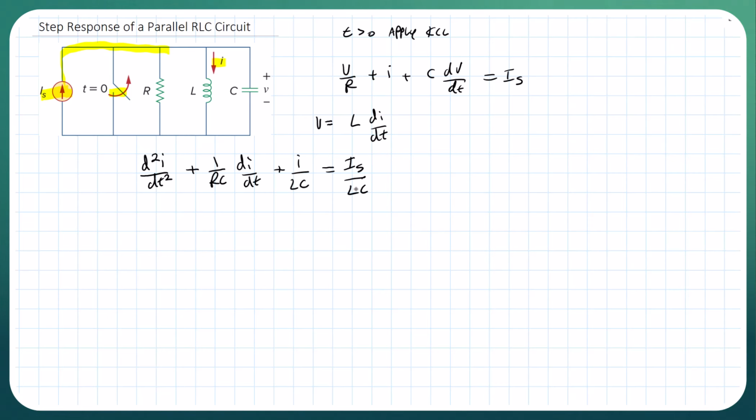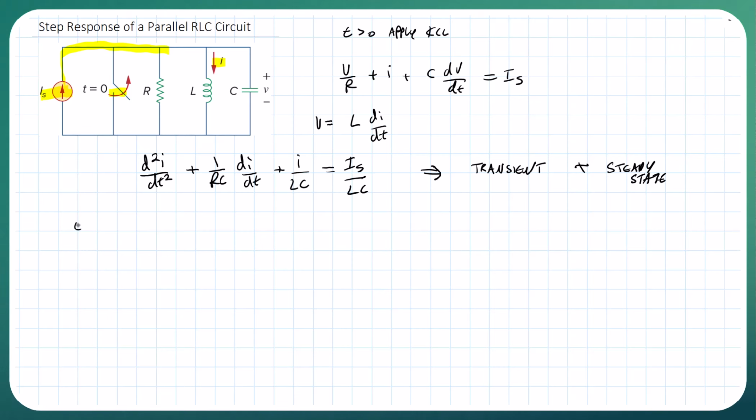And then we can break this down into our transient and steady state current. These are the responses we're going to have.